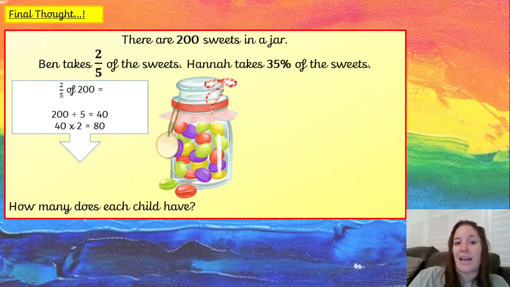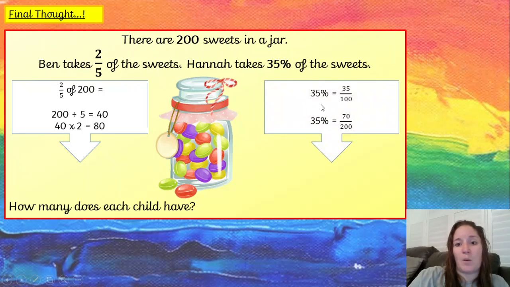And then we're going to look at Hannah. Hannah had 35% of the sweets. We know that we've got 200 sweets, but we need to find 35%. So how many is that going to be? If we've got 35%, we know that that needs to be out of 100.